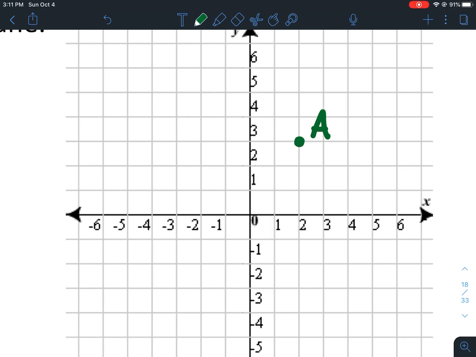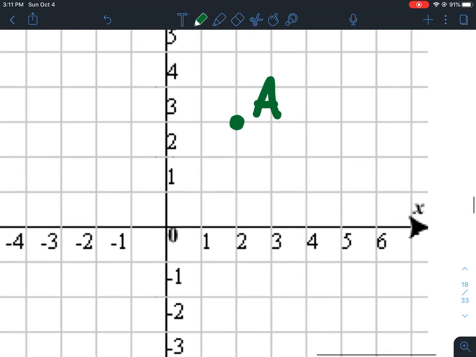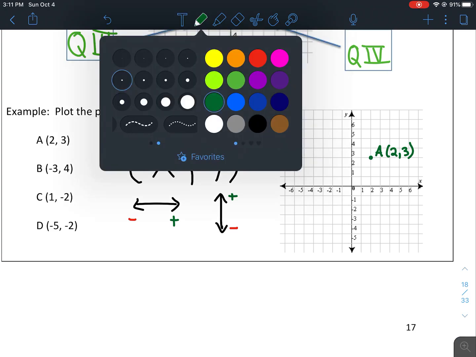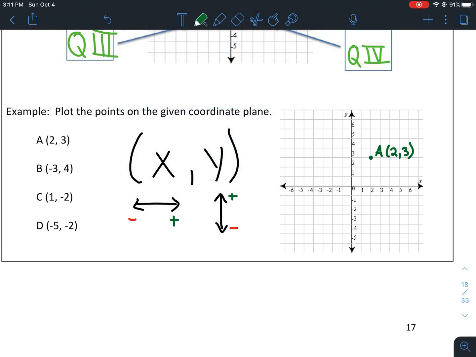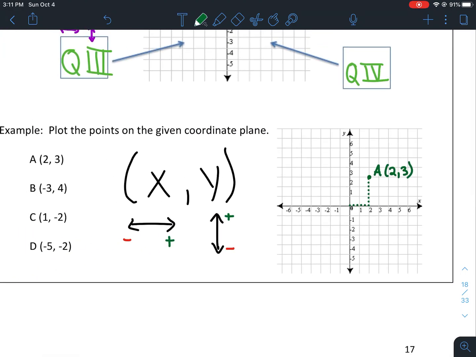And that's how you label point A, which is (2, 3). Alright, so again, one of the mistakes I've seen in the past is making sure that you understand that this is going to the right 2, up 3.